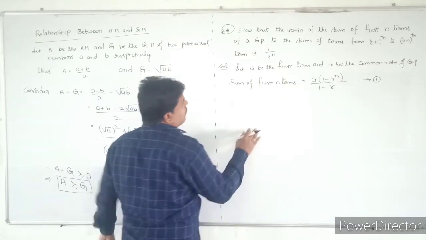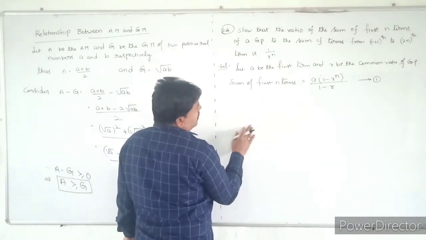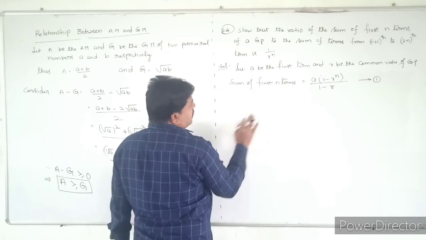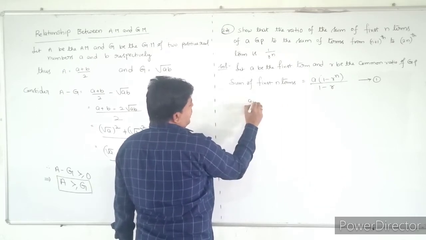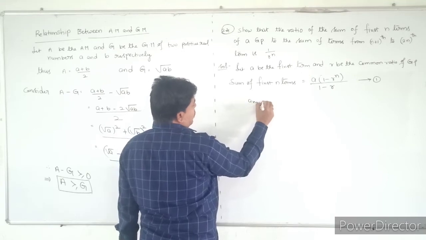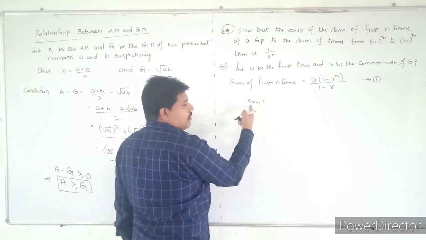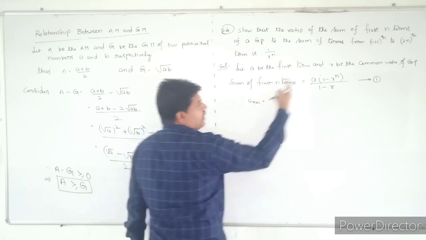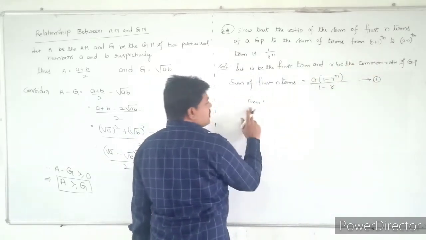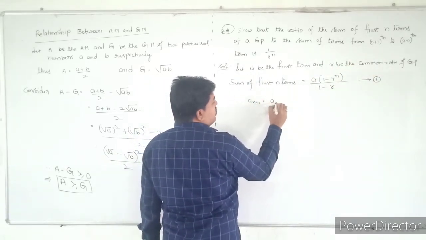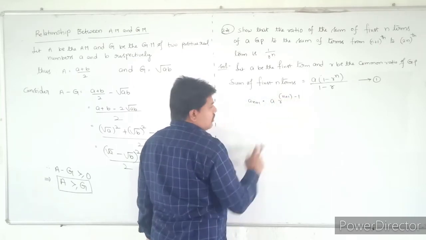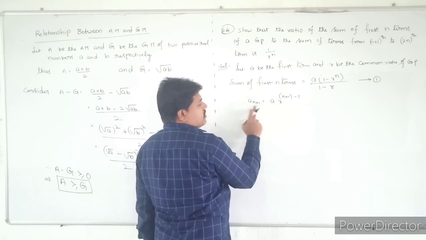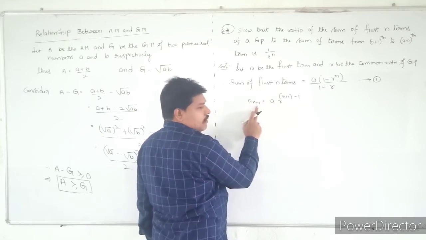Next we have to take the sum of the terms from n plus 1. Here we first have to calculate the n plus 1th term. A(n+1) is equal to, what is the n plus 1th term? It is a into r power n plus 1 minus 1, in the place of n you have n plus 1.